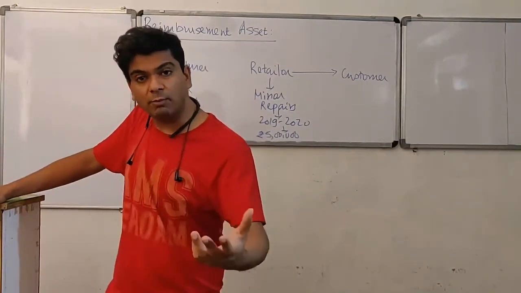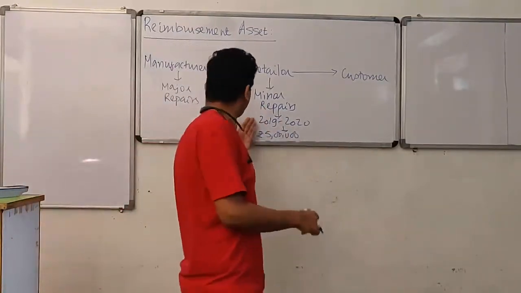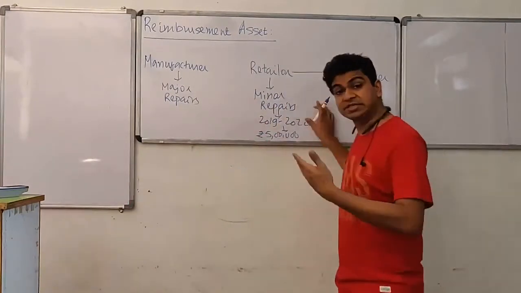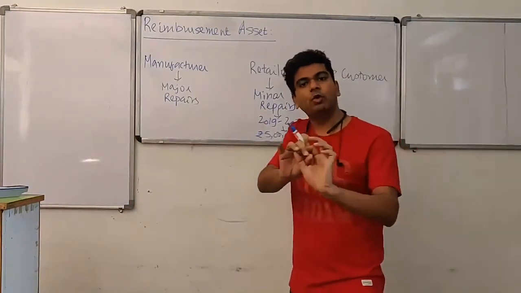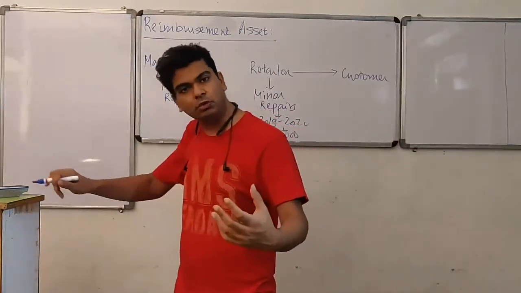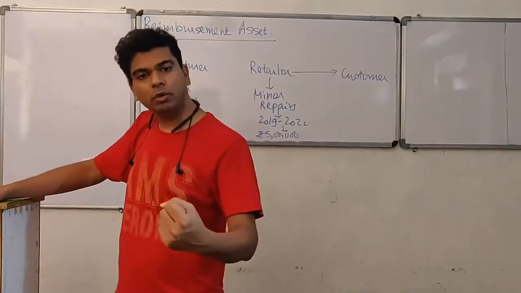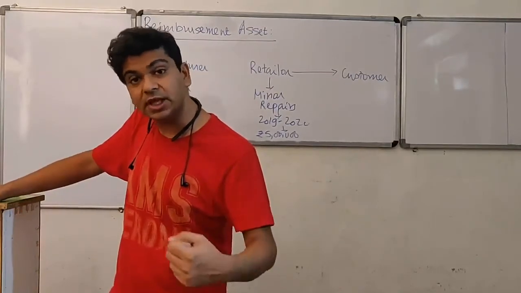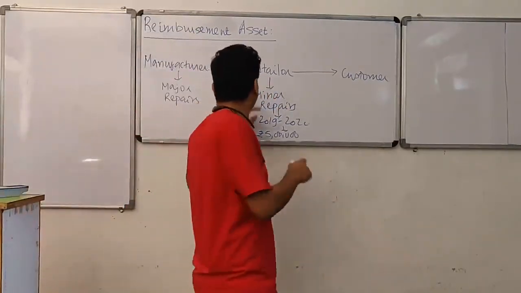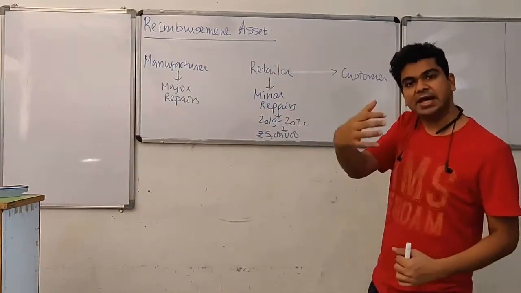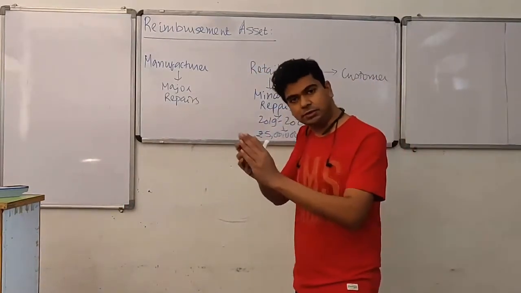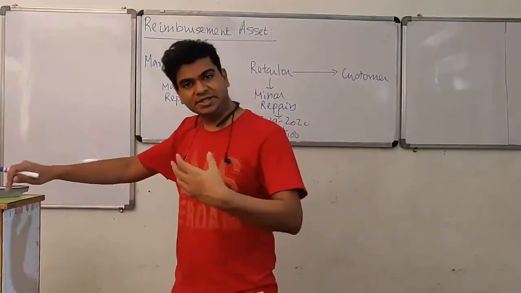So let's assume for a moment that the manufacturer is giving a communication to the retailer that everything is fine, very soon we are going to release 5 lakhs of rupees to you. So now this will be shown as a reimbursement asset in the books of the retailer. It is virtually certain, so please recognize it as an asset in your books. How will I present it?